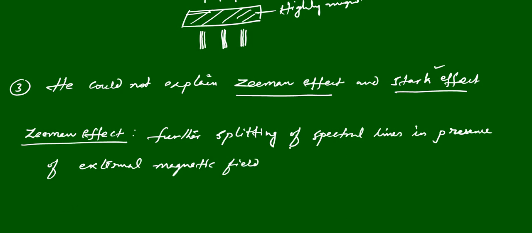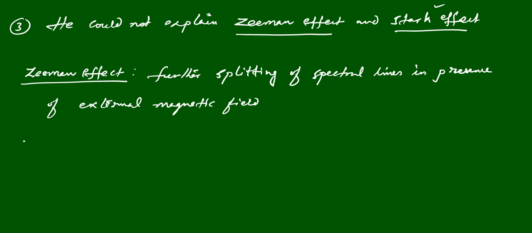The further splitting of spectral lines in presence of external magnetic field is called Zeeman effect.